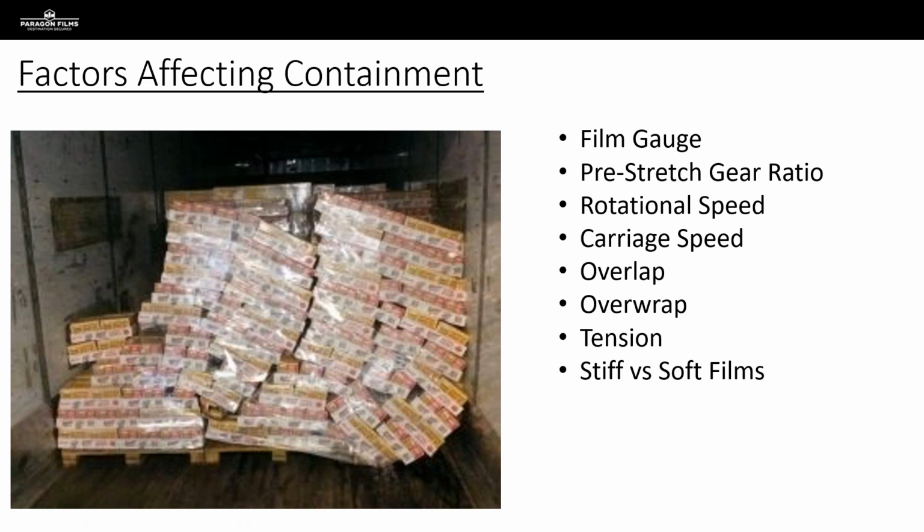All of those are things that the customer has control over, right? They can pick the film gauge, they can set the pre-stretch gear ratio or change it if need be mechanically or with a trained technician. But the rotational speed, carriage speed, the amount of overlap or overwrap, and the tension are all settings within those panels that we're going to discuss a little bit further.